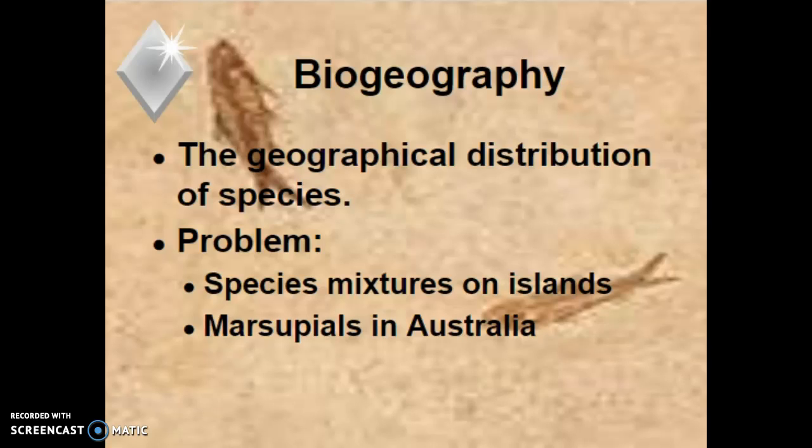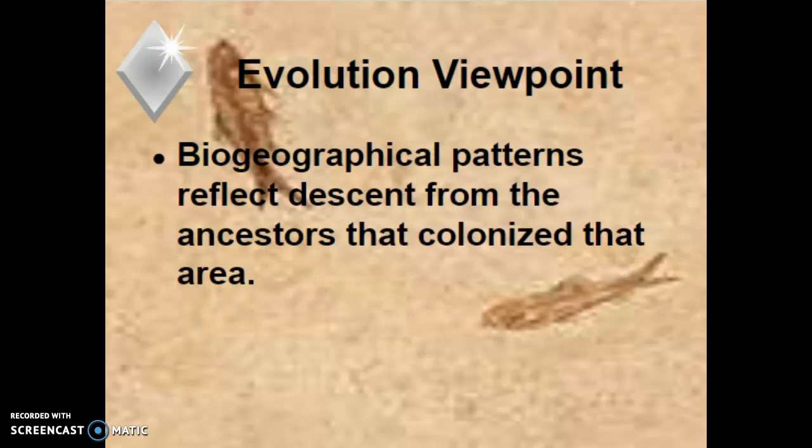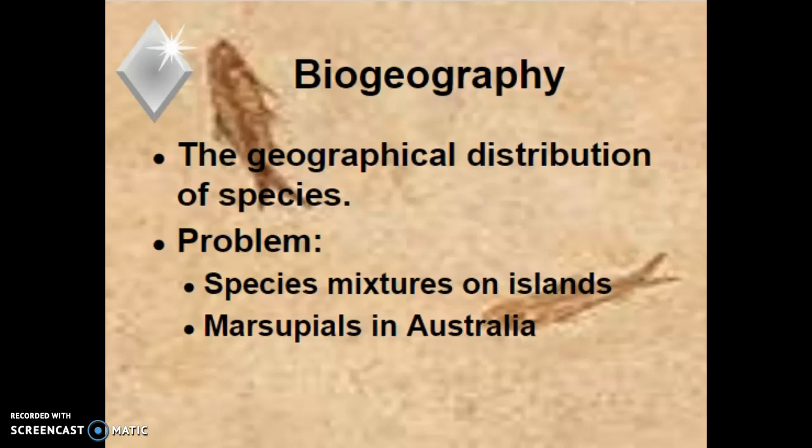Next up is biogeography, and that's the geographical distribution of species. We're going to have mixtures. We're going to have endemic species, like marsupials are only found in Australia, so that's a trait that must have evolved after Australia broke away from the rest of the world.